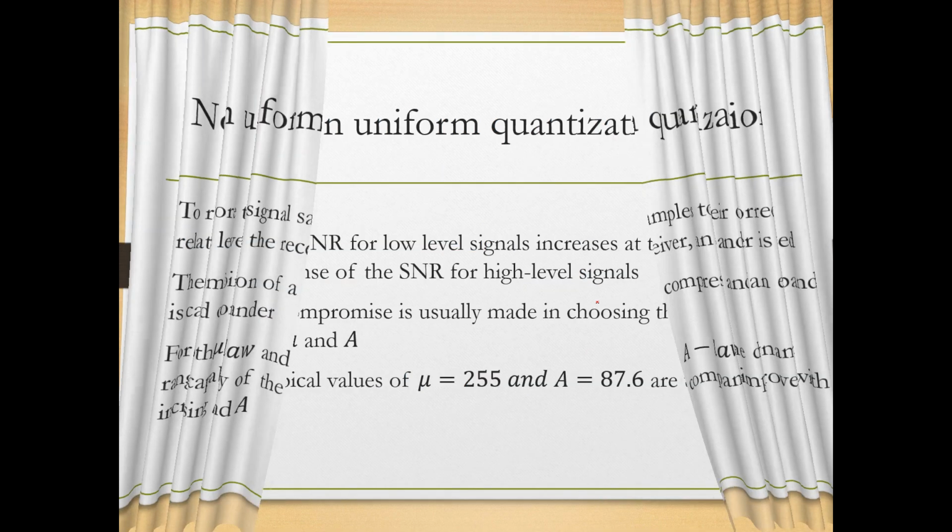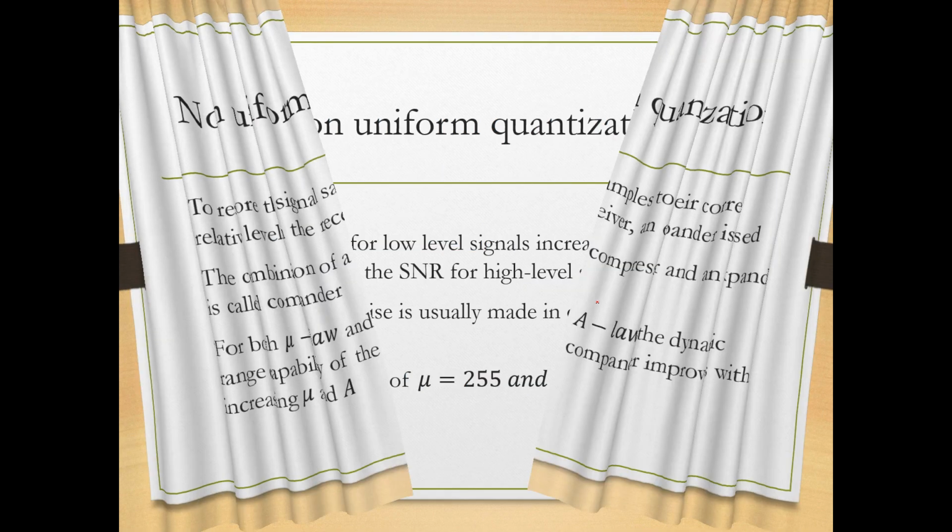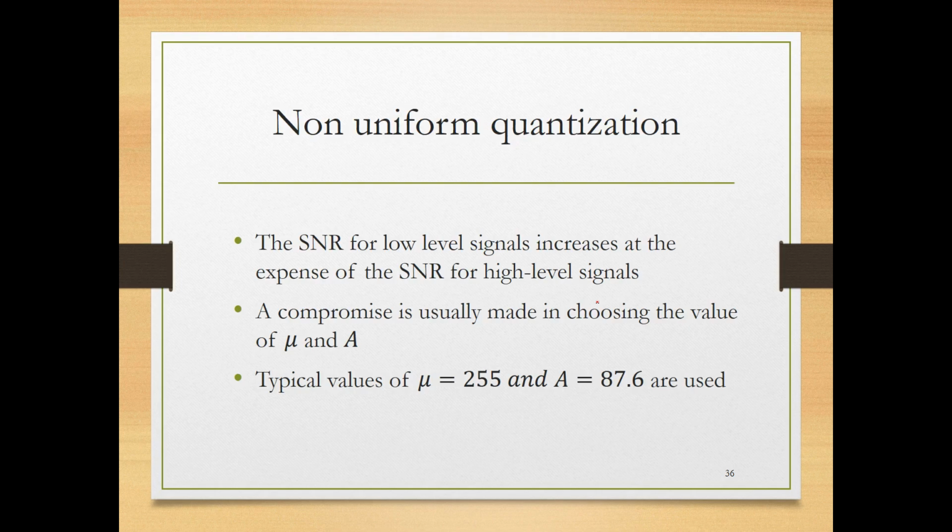So the signal to noise ratio for low level signals increases at the expense of the signal to noise ratio for high level signals. Low level signals, what do you do? You magnify them. Since you magnify, the signal to noise ratio increases for them, while this happens at the expense of high level signals, because in high level signals you don't magnify, you keep them normal.